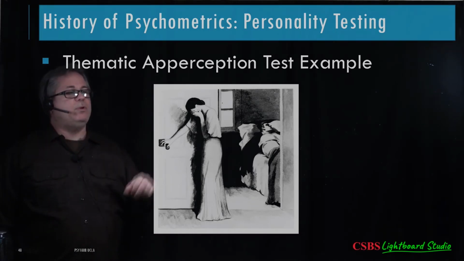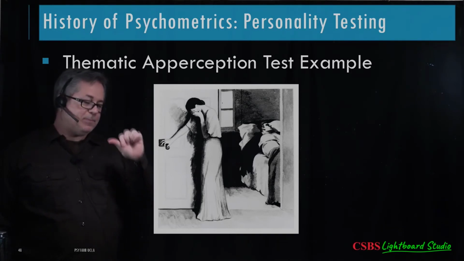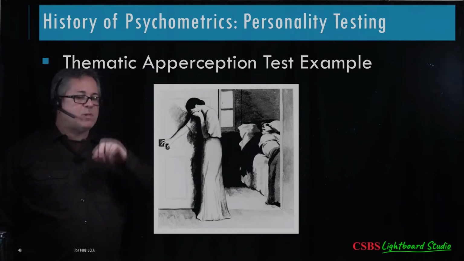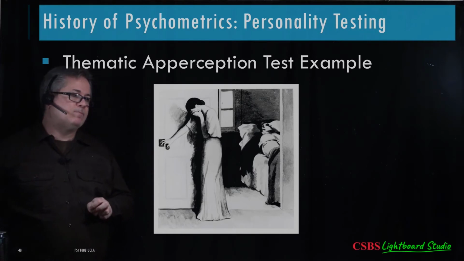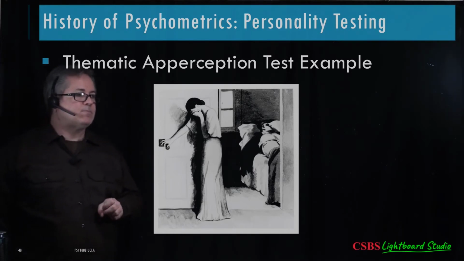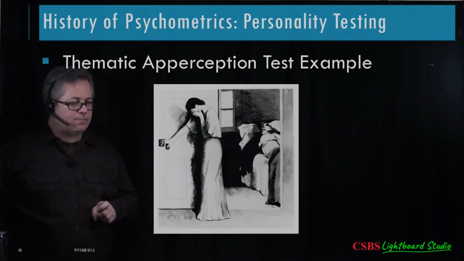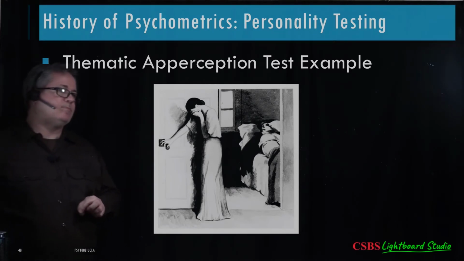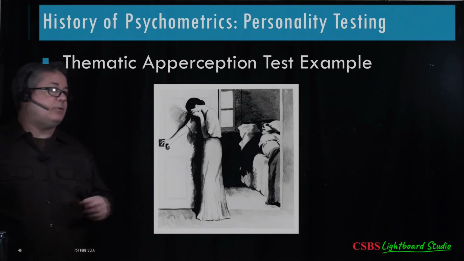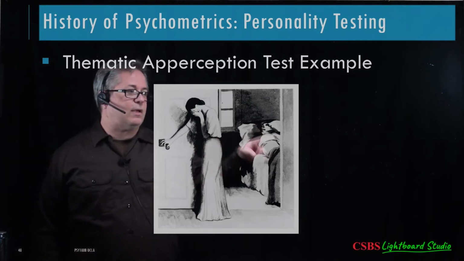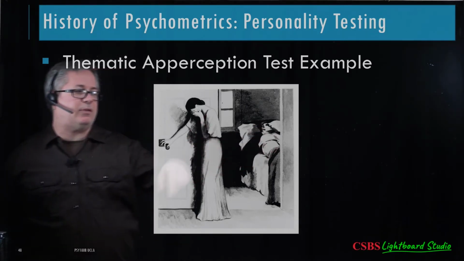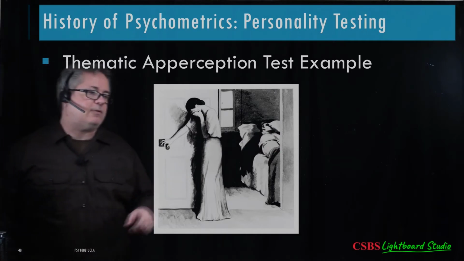First of all, what do you even see in the photograph? Right, so a scenario, this guy passed out drunk, wife's upset that her husband's home drunk again. What else?